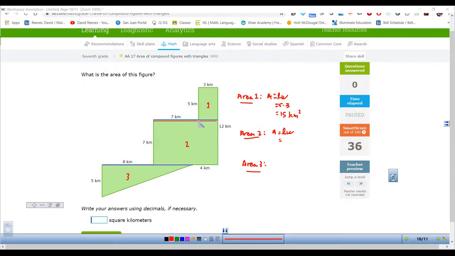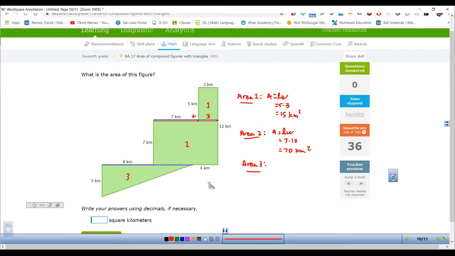Well, it's 3, right? Because it's the same as that. So 7 plus 3 all the way across is going to be 10. So this one is 7 times 10, 70 square kilometers.